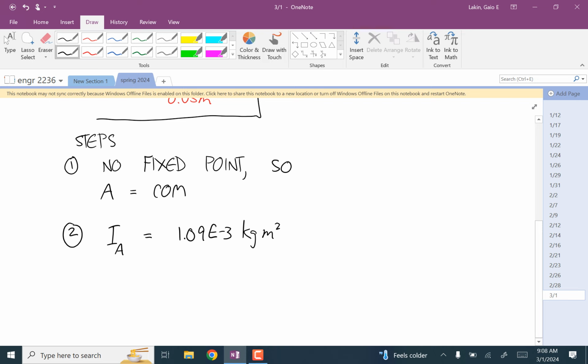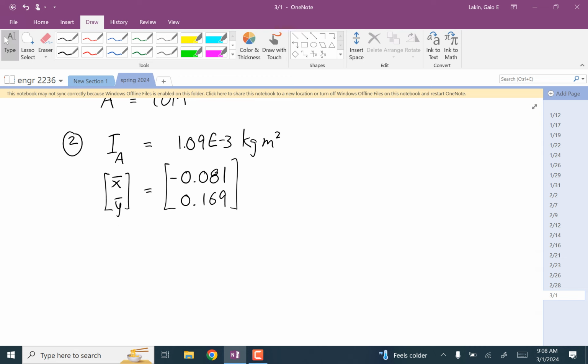And then we know that the centroid location, the center of mass location, was negative 0.081, positive 0.169. Okay?